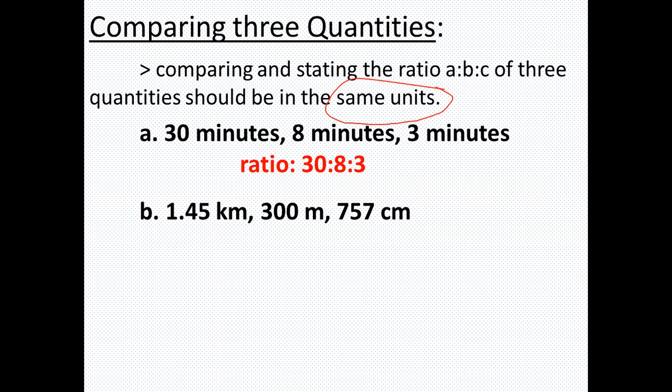Here we have kilometers, meters, and centimeters. So the 3 quantities are not in the same unit. Therefore, before we give the ratio of these 3, we should convert units so that it will be the same.